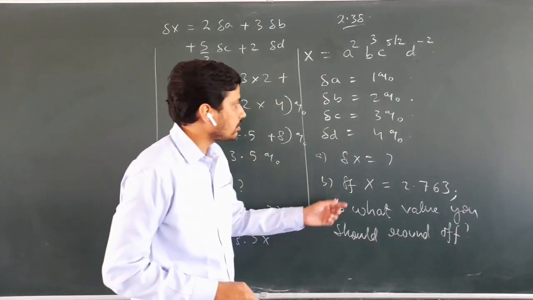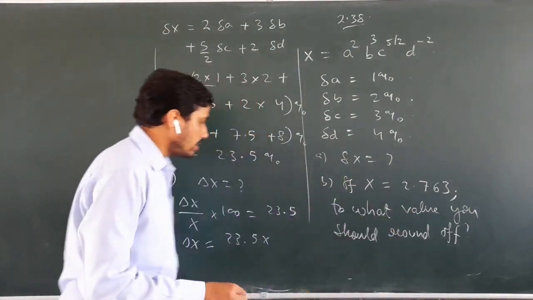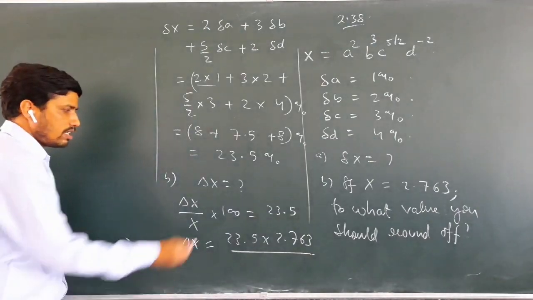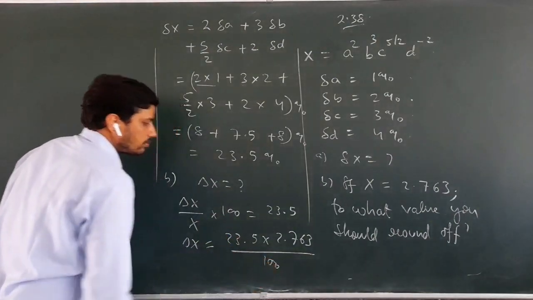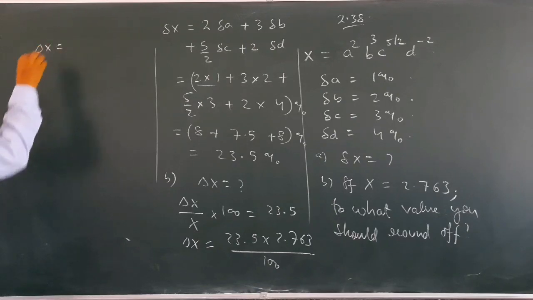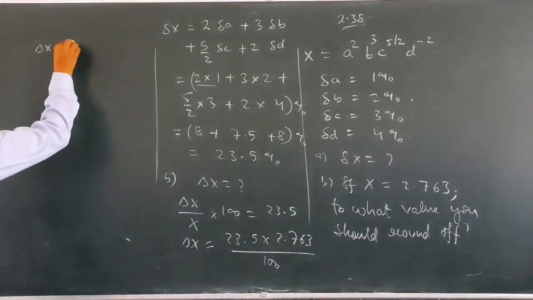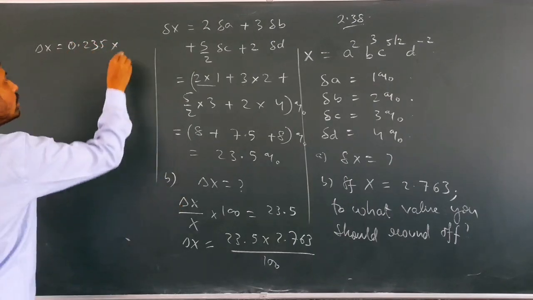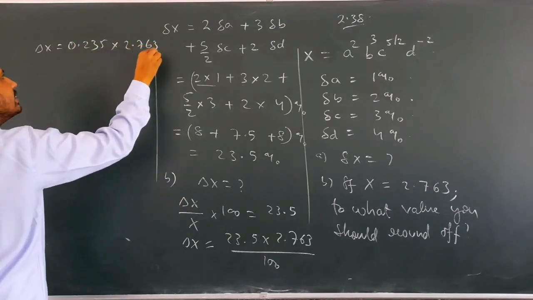What is x? 2.763 divided by 100. So our delta x becomes 0.235 into 2.763.